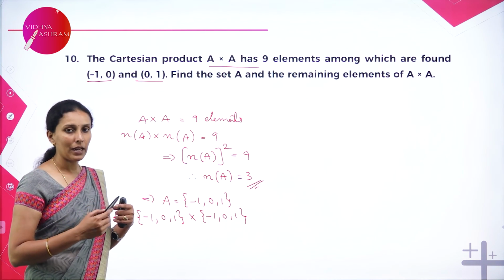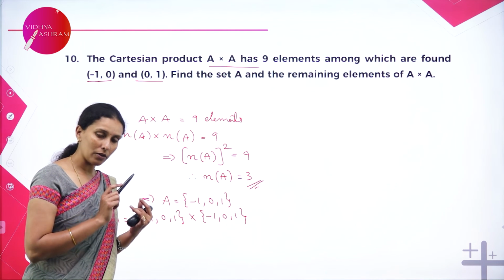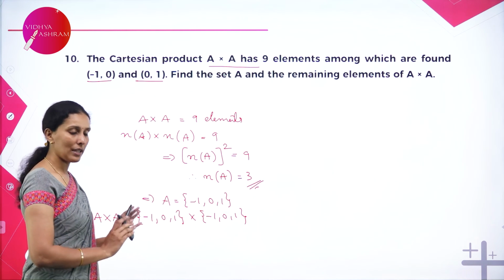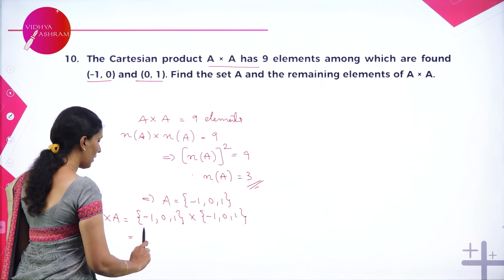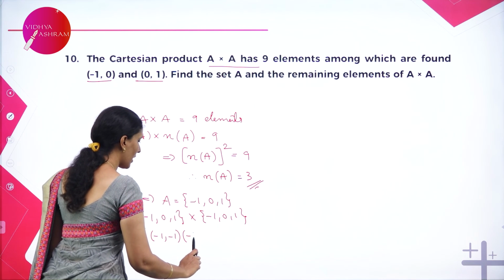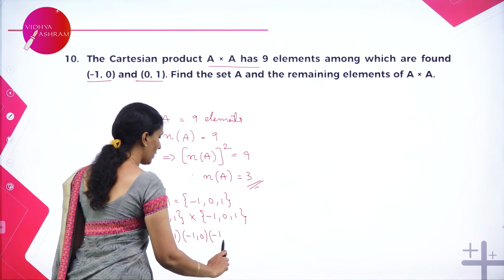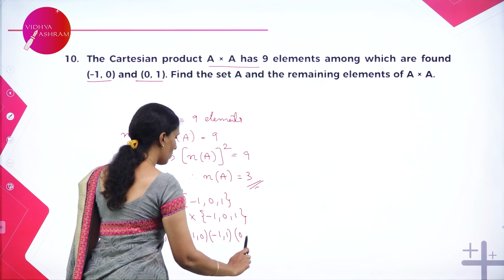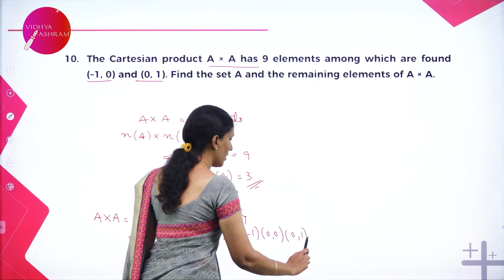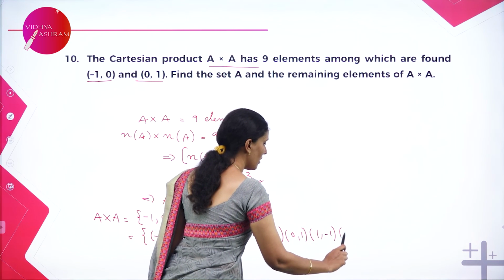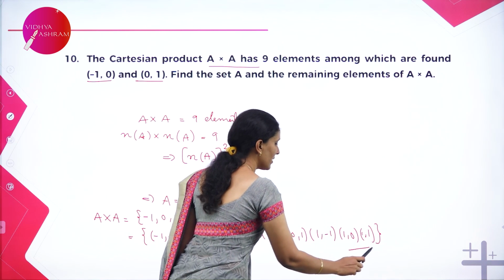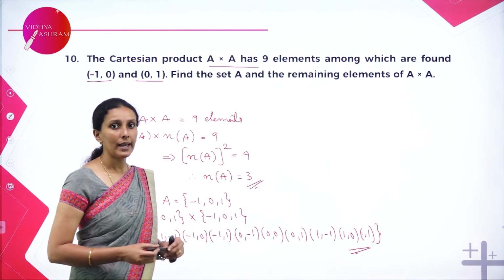When I am writing the Cartesian product of the same set, the first element and the second element belong to the same set. So we will get the ordered pairs (-1,-1), (-1,0), (-1,1). Next we will get (0,-1), (0,0), (0,1). Next we will get (1,-1), (1,0) and (1,1). So these are the remaining elements of A cross A.